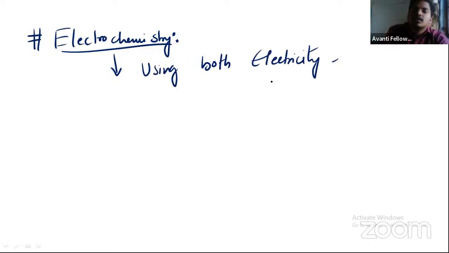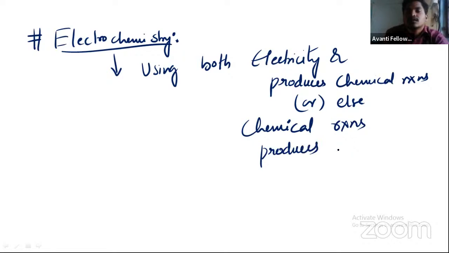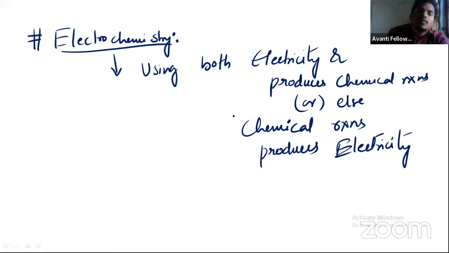So electrochemistry is nothing but using electricity to produce chemical reactions, or else using chemical reactions to produce electricity. Clear? I hope you understand this one.